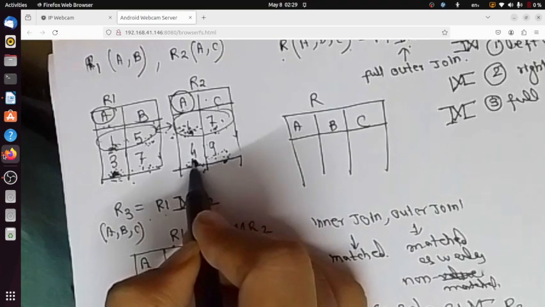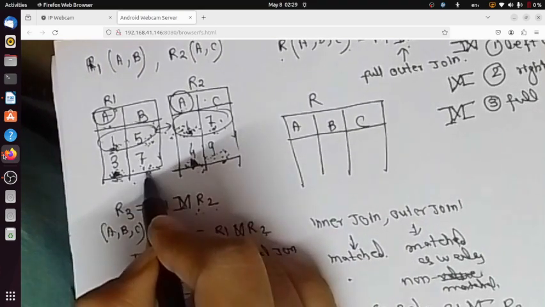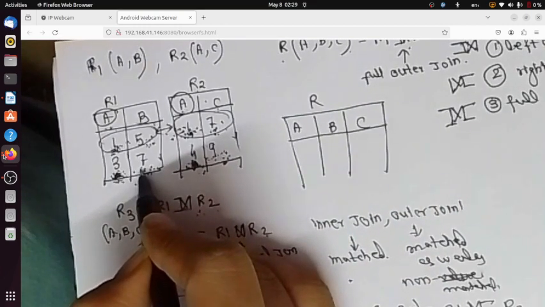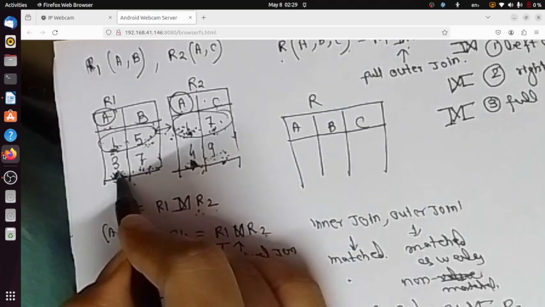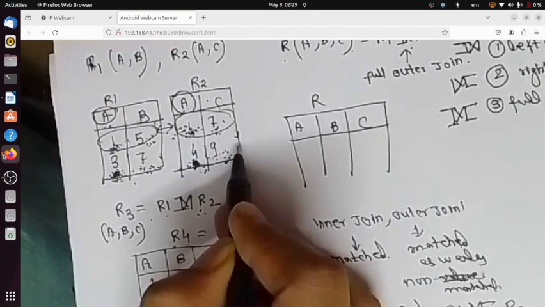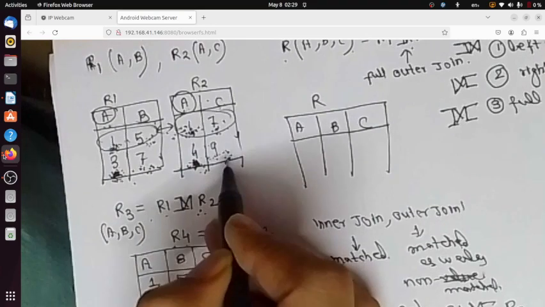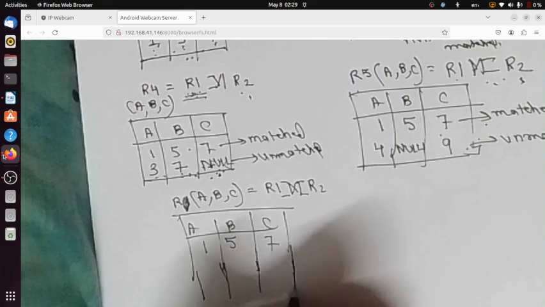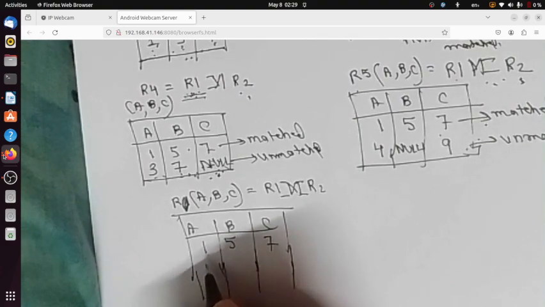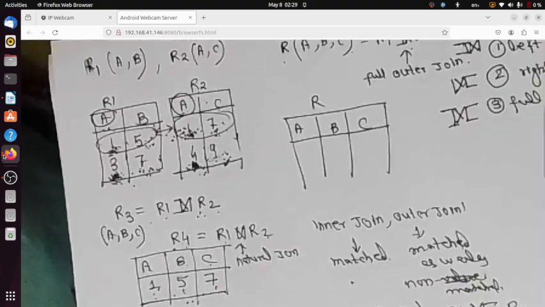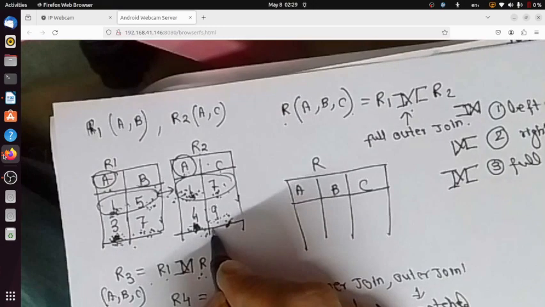So 3, 7 is a non-matched record, and it will be included in the output relation of the full outer join, where the value of A will be 3, the value of B will be 7, and as this is not matched with any record of R2, the value of C will be null. So the non-matched record that comes from the left relation is 3, 7 and C will be null.